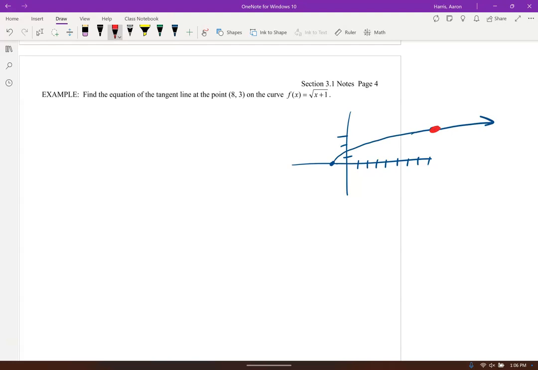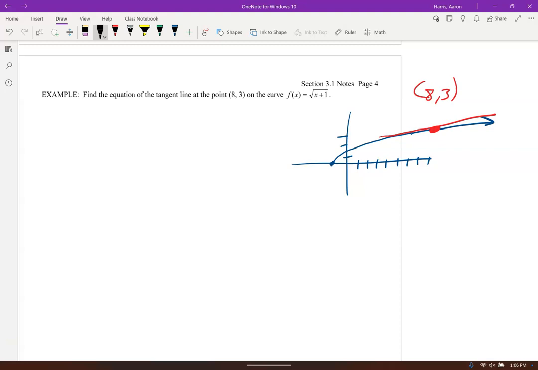So we're trying to find the slope of that tangent right through there, right? So we'll have a positive slope here. Not sure what it is. It looks like it's less than 1 though. And then use that point to write the equation of that red line again.